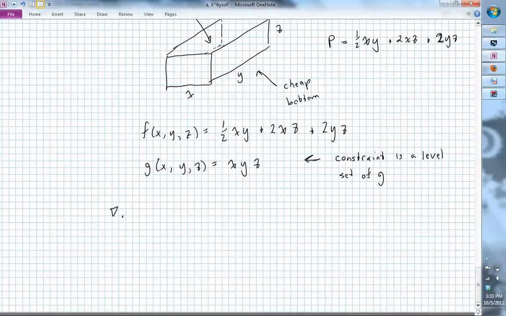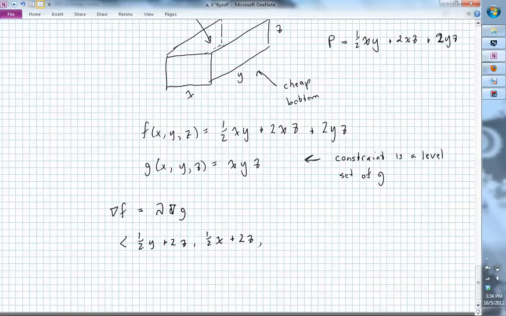That's the constraint. Okay, how do we start a Lagrange multiplier problem? We just start with getting the gradients to line up. Let's see, the gradient of f. That's the partial of f with respect to x. So that's 1/2 y plus 2z. With respect to y, 1/2 x plus 2z.